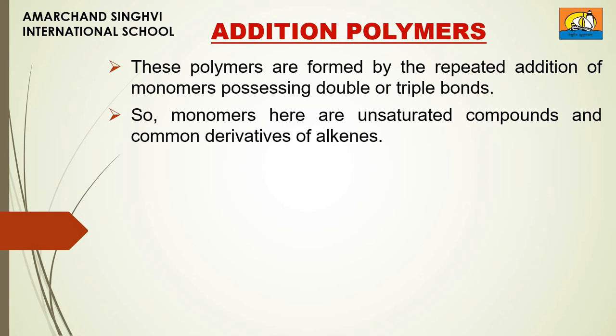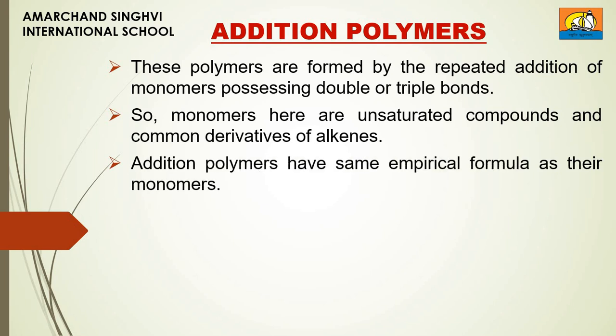So, in this case, the monomers are unsaturated compounds and common derivatives of alkenes. Addition polymers have the same empirical formula as their monomers. Molecular formula differs, but empirical formula remains the same.